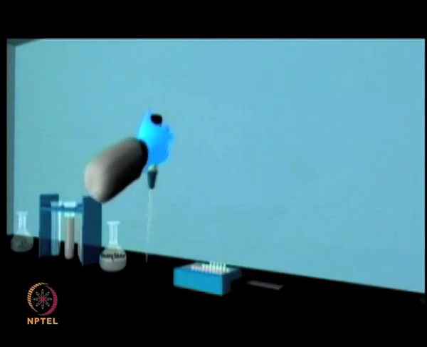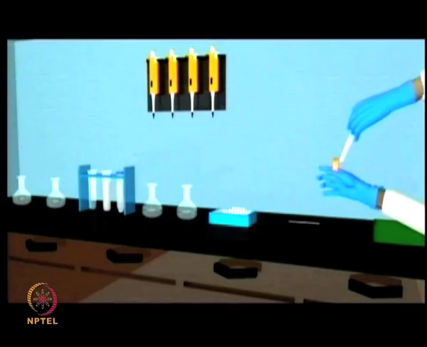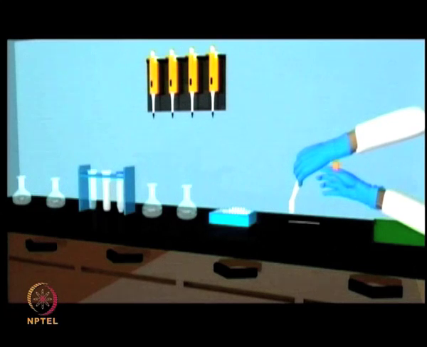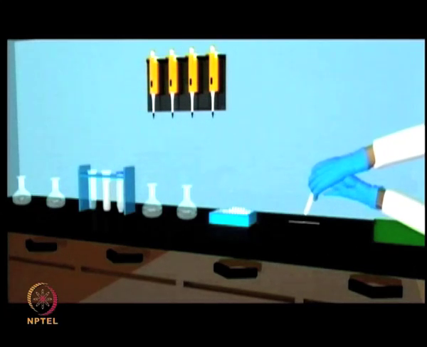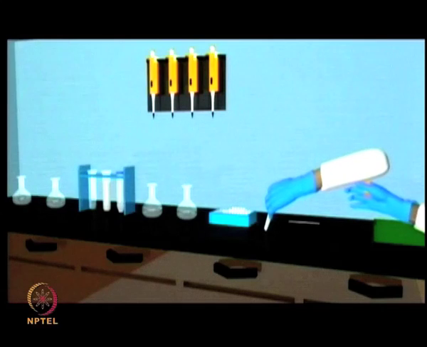Blocking is usually performed at room temperature for an hour or at 4 degrees overnight, depending on the type of application. PBS and milk, SuperBlock, or BSA are commonly used blocking solutions.